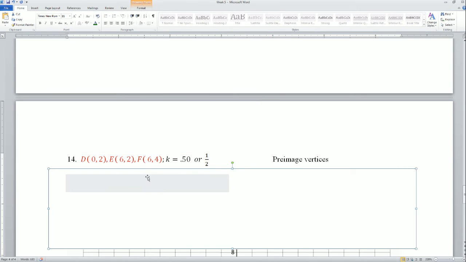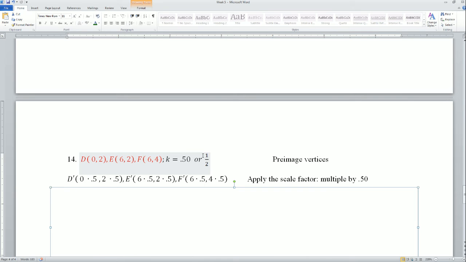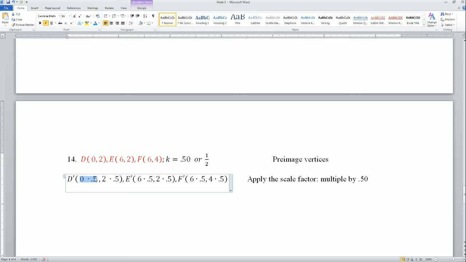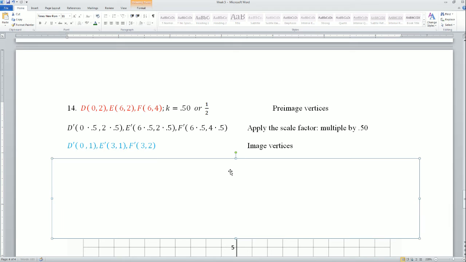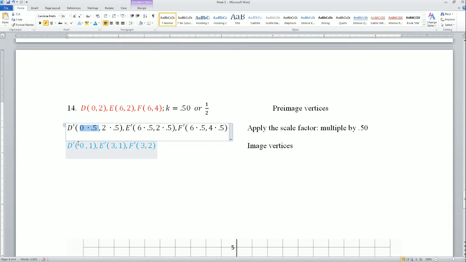Here's your pre-image. I'm going to multiply 1/2 or 0.5 to each value. 0 times 1/2, 2 times 1/2, 6 times 1/2, 2 times 1/2, 6 times 1/2, 4 times 1/2.